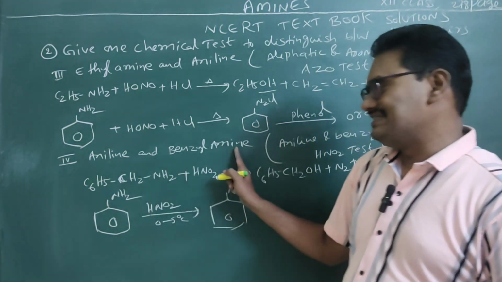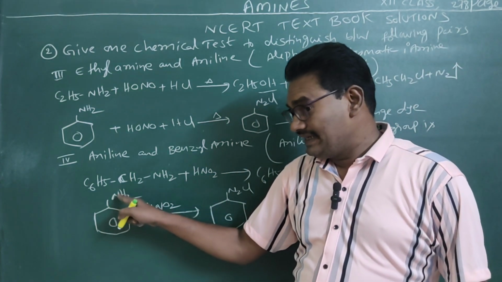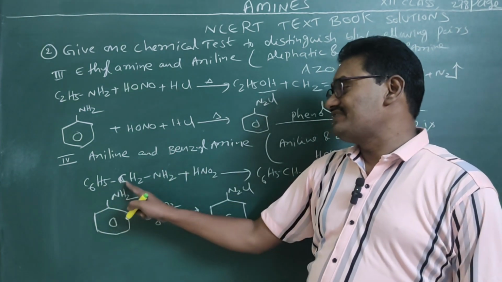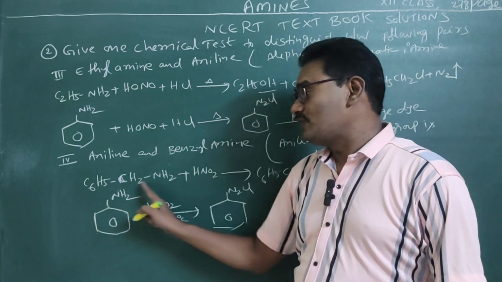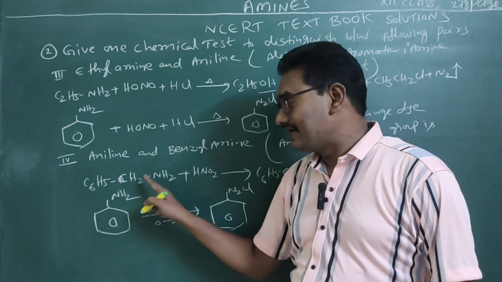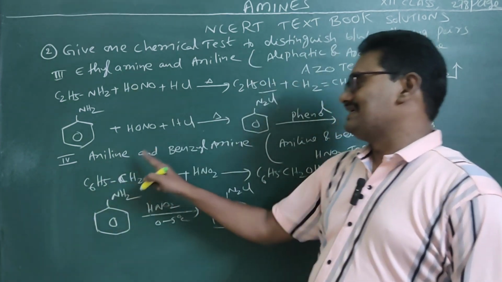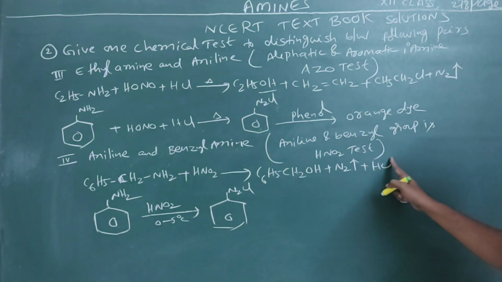Next, aniline and benzylamine. Aniline means NH2 directly attached to the benzene ring. In benzylamine, C6H5CH2NH2, the NH2 is not directly attached to the benzene ring but to a carbon, and that carbon is attached to the benzene ring. So aniline and benzylamine are identified by the HNO2 test.